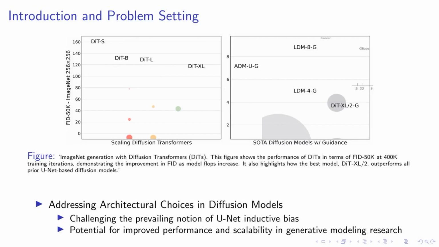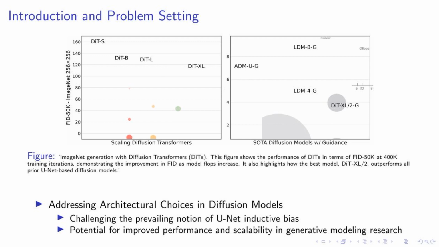In this slide, we're taking a closer look at the architectural choices in diffusion models. We're challenging the prevailing notion that UNet inductive bias is essential for these models. As you can see in the figure, we've used diffusion transformers or DiTs for ImageNet generation. The graph shows the performance of DiTs in terms of FID50K at 400K training iterations.